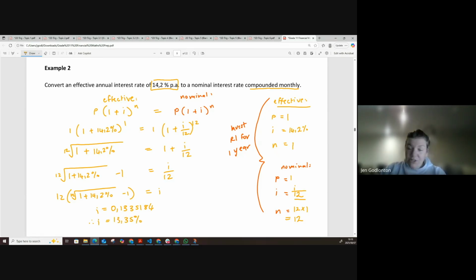And then we just double check. So our interest rate, which was effective, was 14.2, and our interest rate, which is nominal, is 13.35. And so our nominal is smaller than our effective, which is what we want. So we know we're good to go.